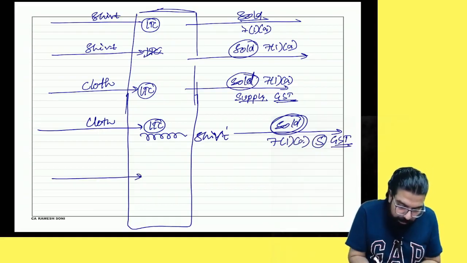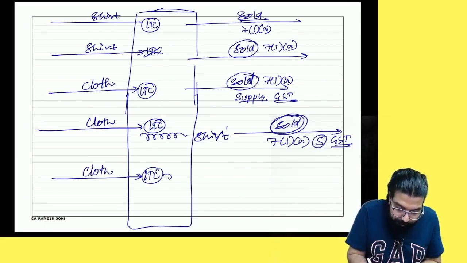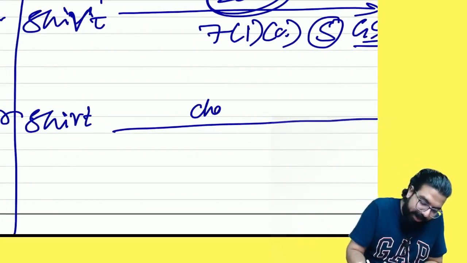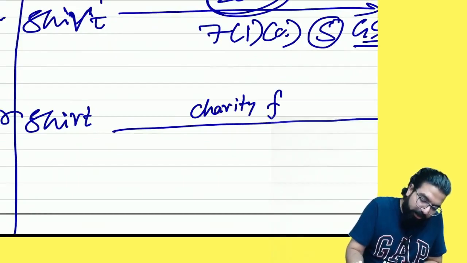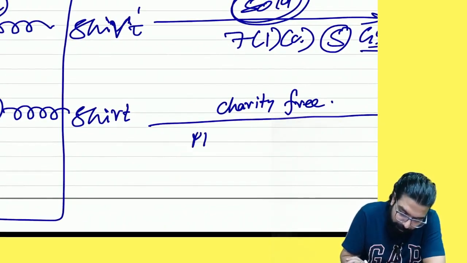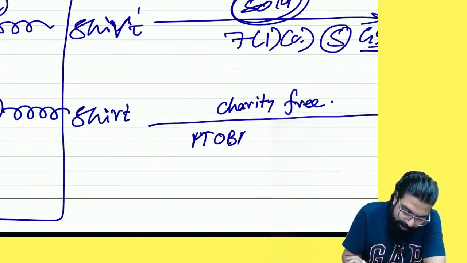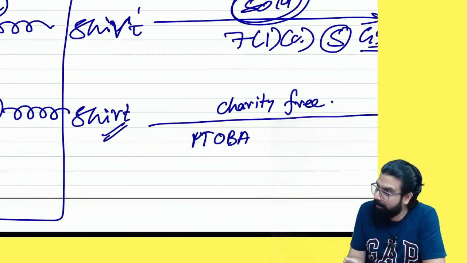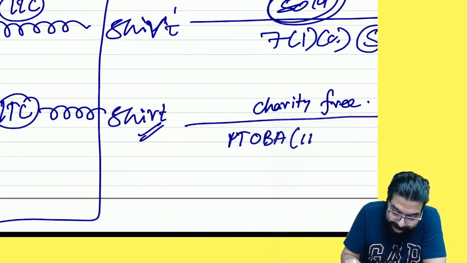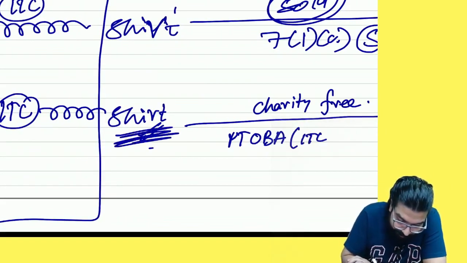I bought cloth. On cloth I took ITC. From cloth I made shirt. And the shirt I gave for charity. Free. Permanent transfer of business asset. Is the shirt a business asset? Yes. But did I take the ITC on this shirt?